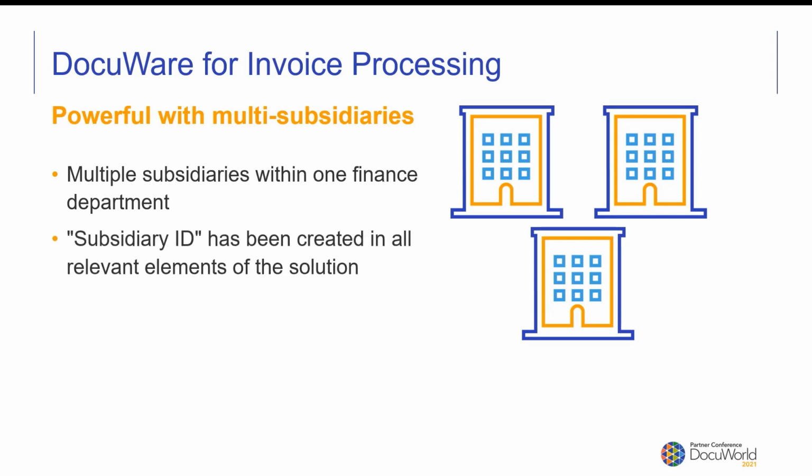A subsidiary ID has been created in all relevant elements of the solution: the store dialog, vendor master records, personnel, chart of accounts, etc., just to keep all those records separate for recording the correct data. And the solution is set up with one subsidiary.